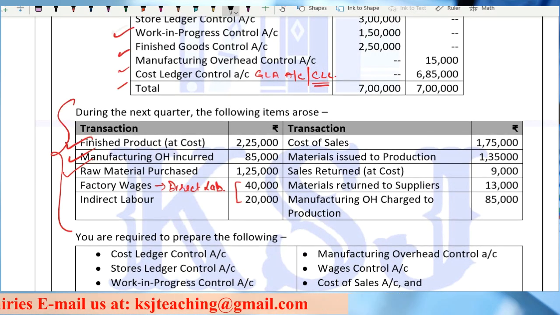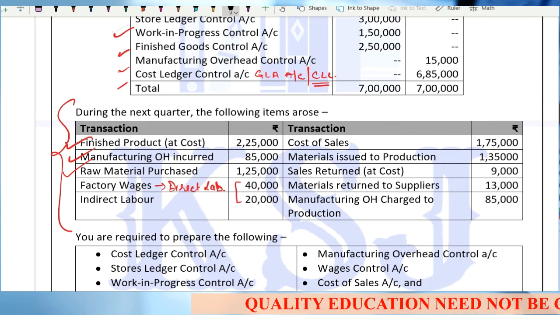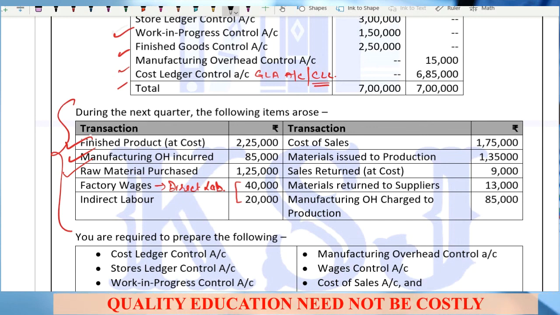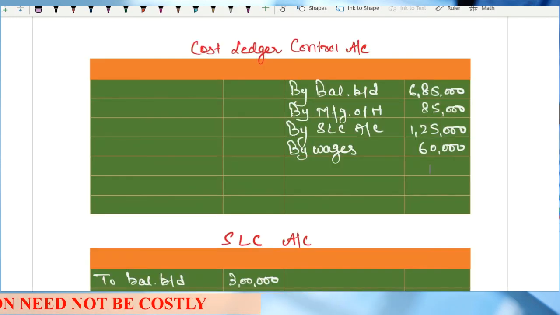Clear, sir? Now you will distribute these wages between the direct labor and indirect labor. What is the entry for direct labor? Sir, WIP account debit to what? Wages control account, right? So WIP to wages control account, 40,000 only and only direct labor part. Direct labor is identifiable in 1 unit.